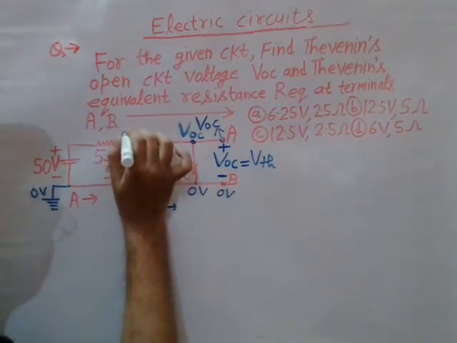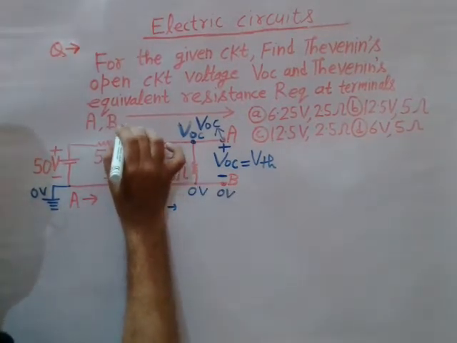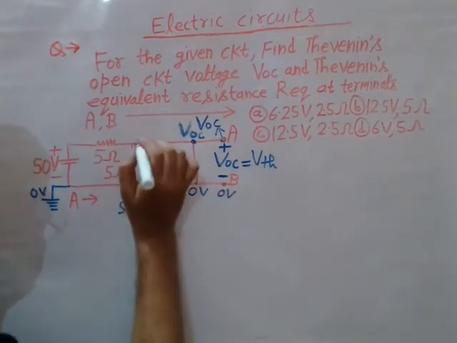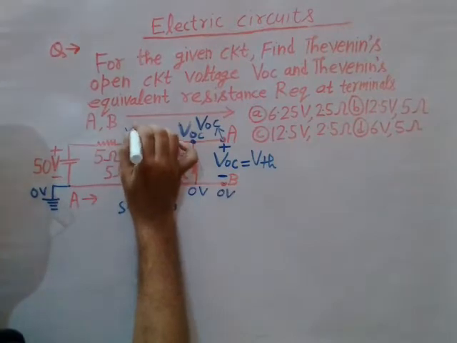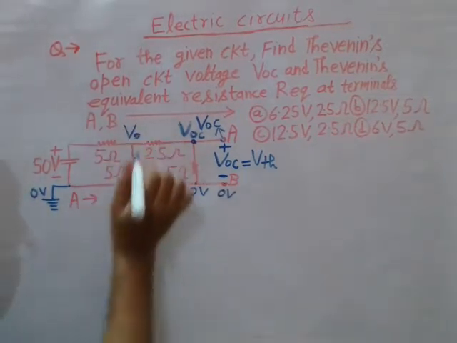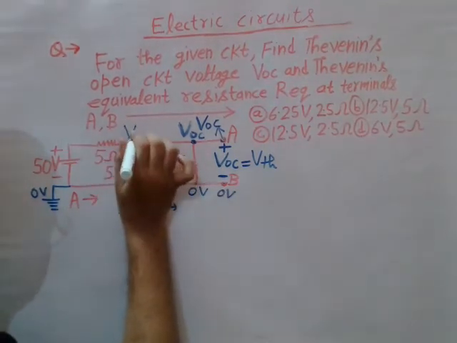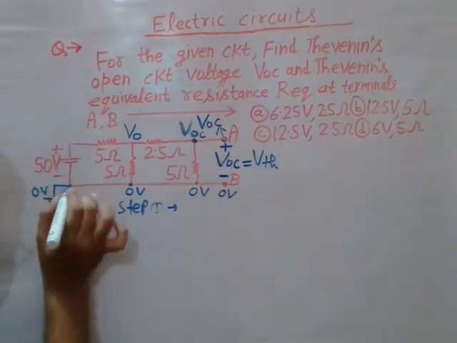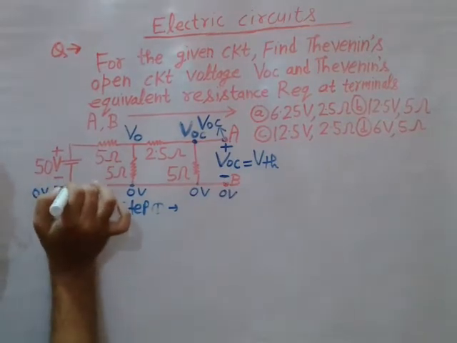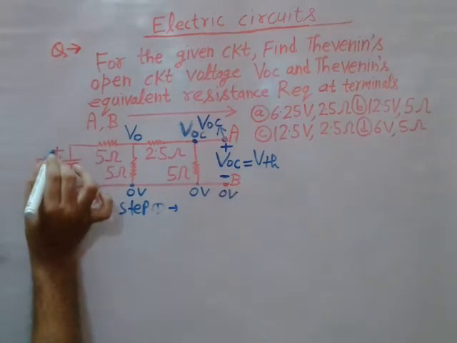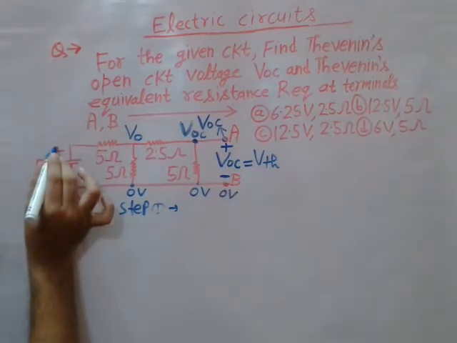For the time being, let us assume that the potential of this node is V naught. We will have to calculate this potential V naught. Now what is the potential of this node? This is ground potential, 0 volt. So with respect to this ground, the potential of this node is definitely 50 volts higher.